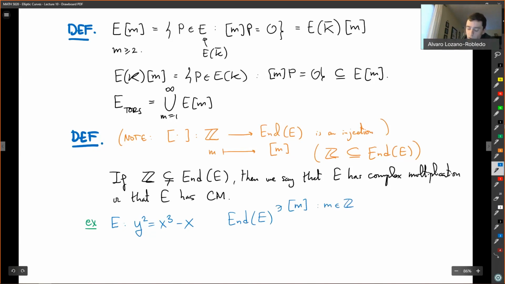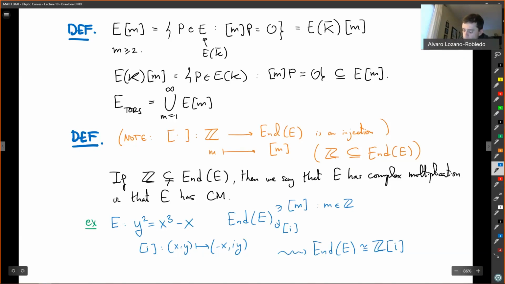On the other hand, we saw an extra endomorphism that sends (x, y) to (-x, iy). It turns out that the endomorphism ring for this elliptic curve is isomorphic to Z adjoin i.